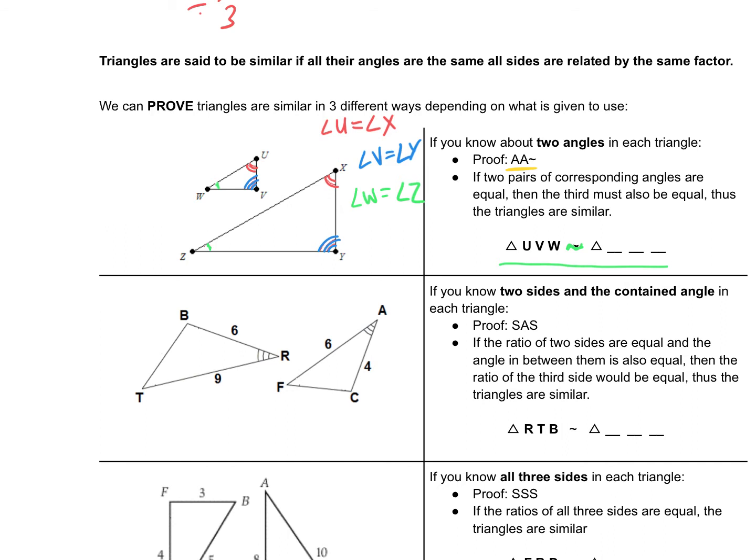So we have to make sure that when we write the three letters, the corresponding angles are in the correct position. So angle U was equal to angle X. So I'm going to write that first. Angle V was equal to angle Y. And W was equal to Z. So this is your similarity statement. Triangle UVW is similar to triangle XYZ.